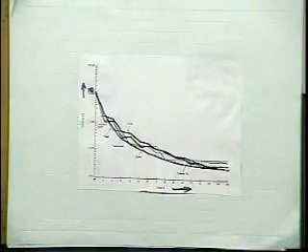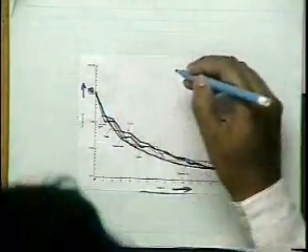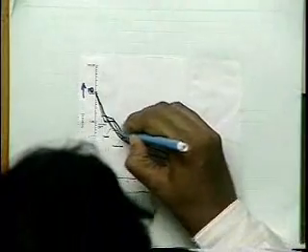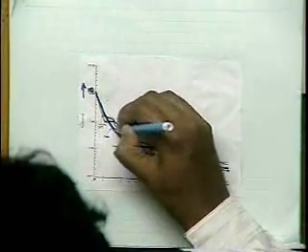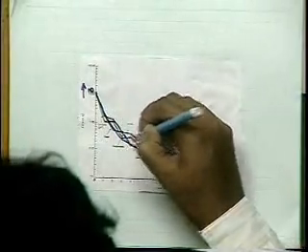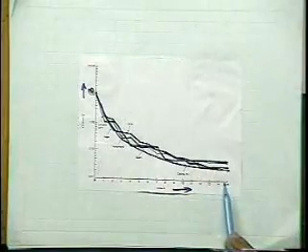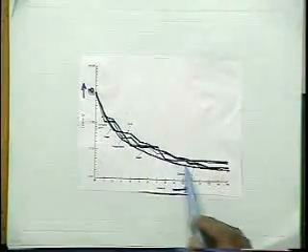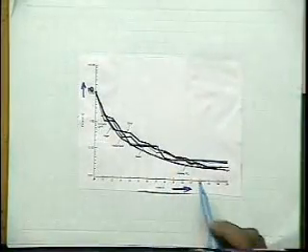For the Haar transform, the curve is going like this. Or rather, let's have the Hadamard transformation. For the Hadamard transformation, the curve is following a nature like this. Haar is slightly above Hadamard, so that means Haar's energy compaction is worse as compared to Hadamard, which we had discussed.